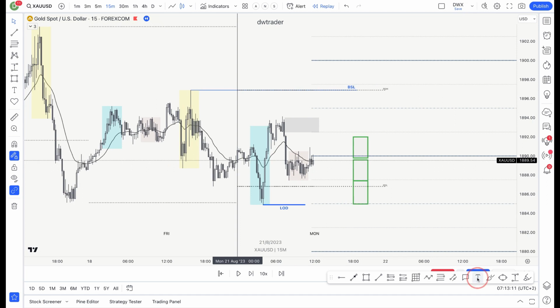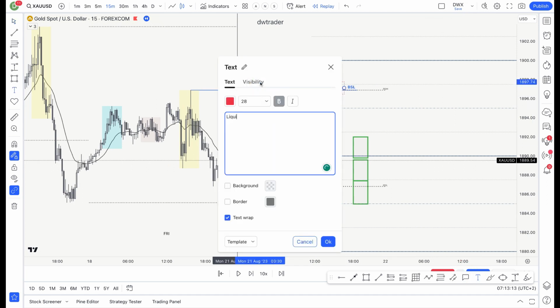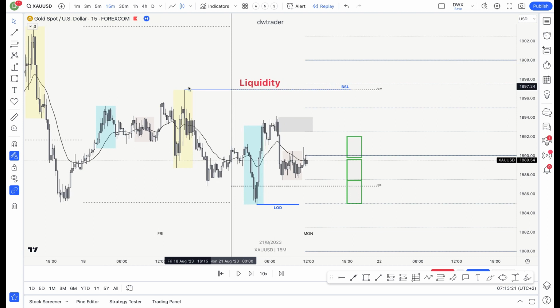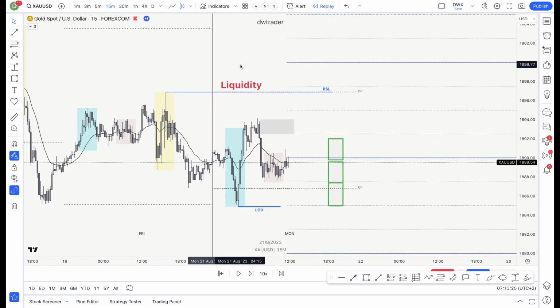We have resting liquidity above this high. It's also a previous New York session high, which gives it added confluence.